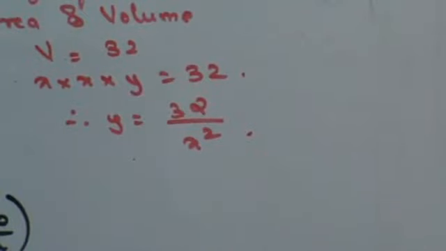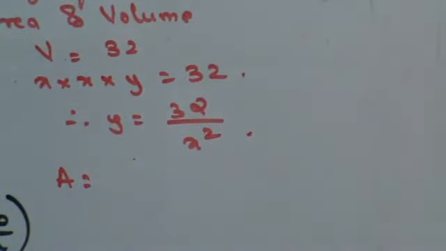Right? Now, what will be the area of the material used to make the box? Now, guys, this is an open top box. First, let us make the base. The base is a square. Area of the base is going to be x square. Let's make the front face. The front face has length x and it has height y. That means it's going to be a rectangle with length x and breadth y.